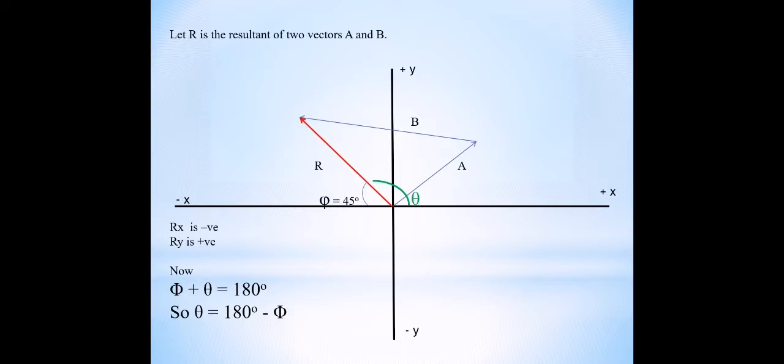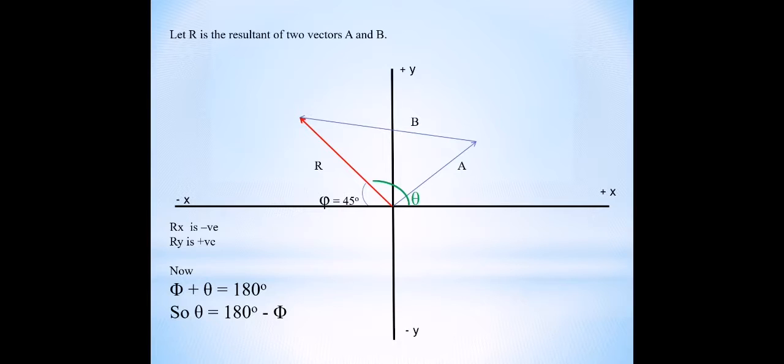Now as our vector r lies in the second quadrant, its x component rx will be negative and its y component ry will be positive. From the signs of its rectangular components, we can find that this vector lies in the second quadrant. In the second quadrant, theta and phi combined make 180 degrees.